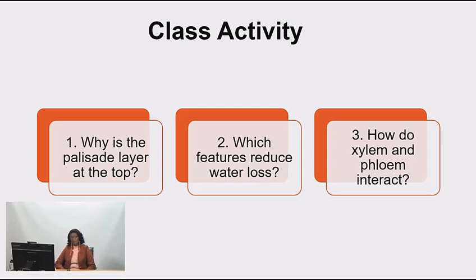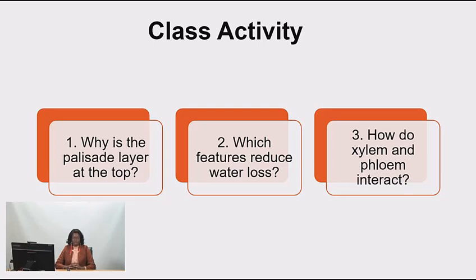How do xylem and phloem interact? Remember, xylem transports water and minerals, while phloem transports the sugars. So in their interaction, the xylem is able to transport water from the roots into the leaves, while the phloem movement goes up and down in order to keep the plant's sugar and water system balanced.